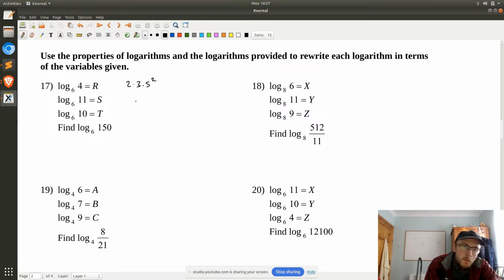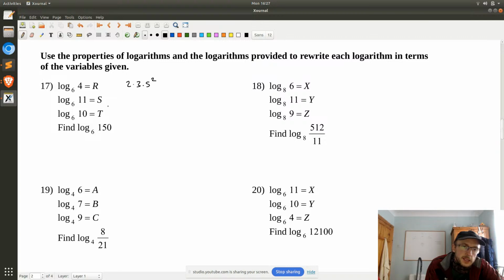So okay, so 5 squared, you can express that as log base 6 of 5 squared.